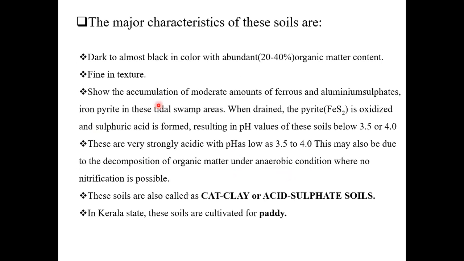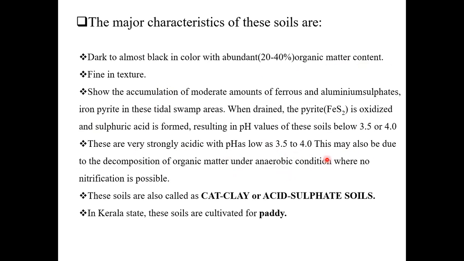The major characteristics of these soils: almost black in color, abundant 20 to 30% organic matter content. You can see an accumulation of aluminum phosphates, and pH will be around 3 to 4. Sometimes we can expect very strong acidity, 3.5 to 4.